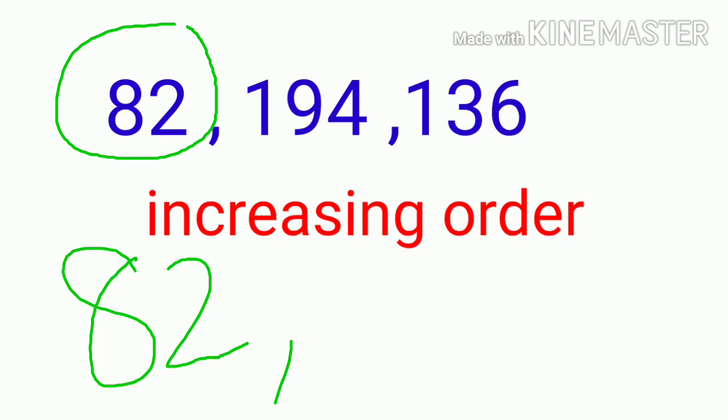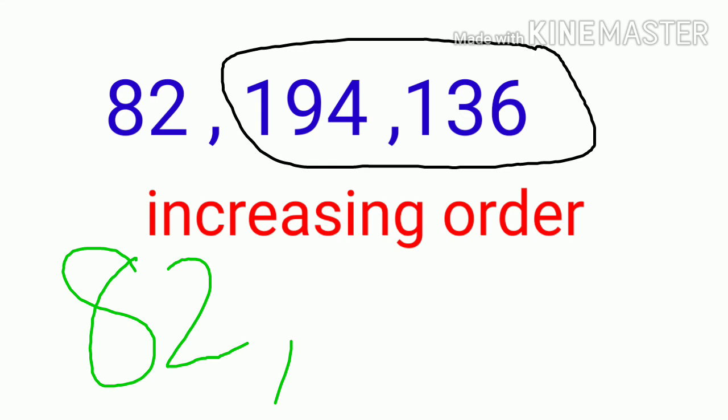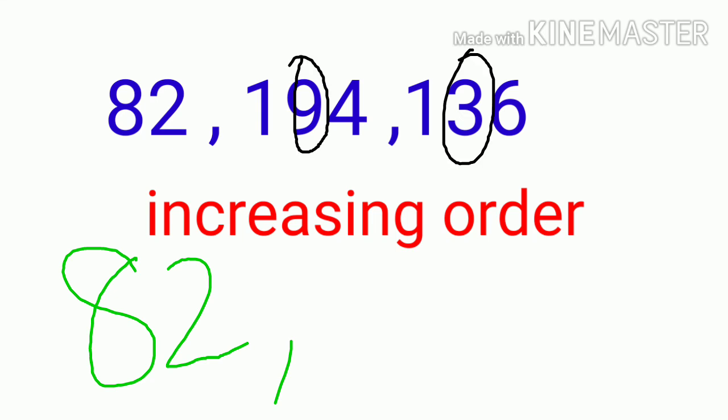Then we have to compare 194 and 136. Here the hundreds place digits are same. So let us compare the tens place digit. In 194 the tens place digit is 9 and in 136 the tens place digit is 3. So we can say that 3 is smaller than 9.